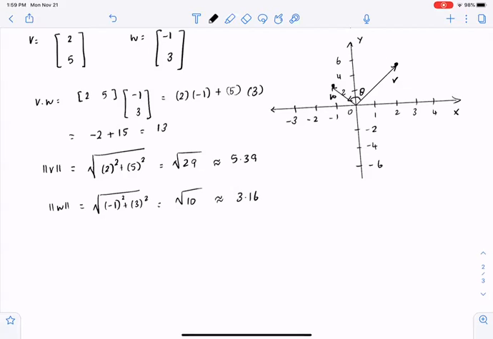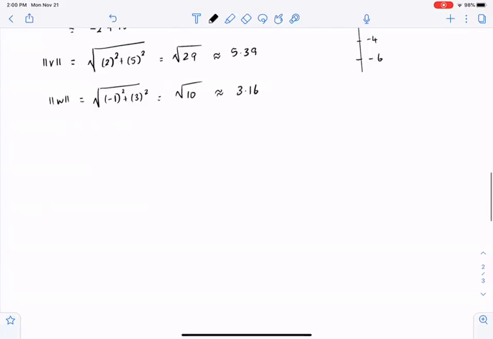Now that we have the dot product and the magnitudes of v and w, we can easily find cosine theta. Cosine theta is simply the dot product divided by the magnitude of v times the magnitude of w.